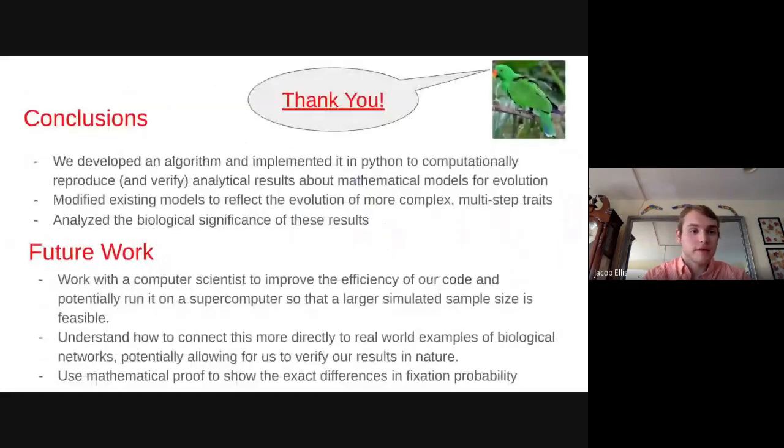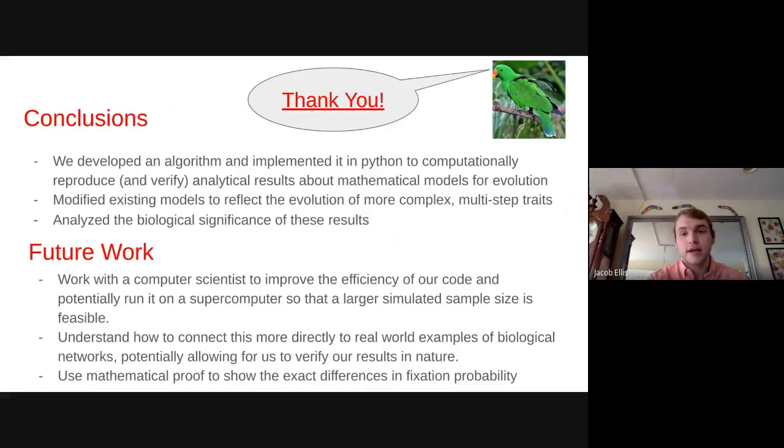So then in our conclusions, we developed an algorithm in Python and we computationally reproduced the results from the paper in Nature, which we based our entire project off of.